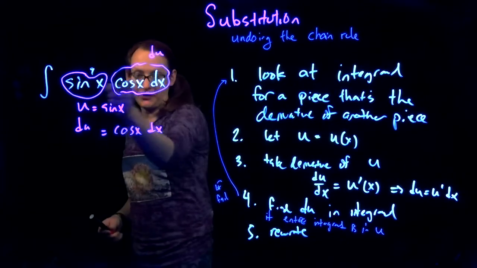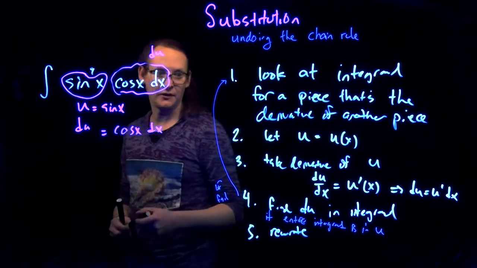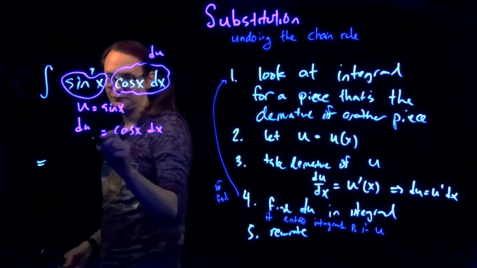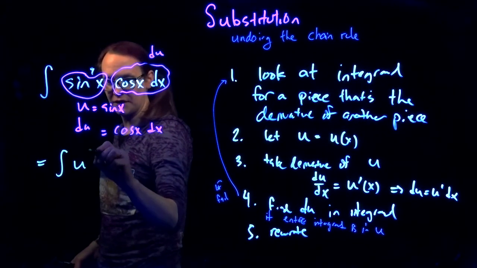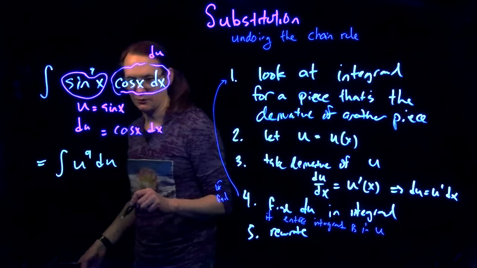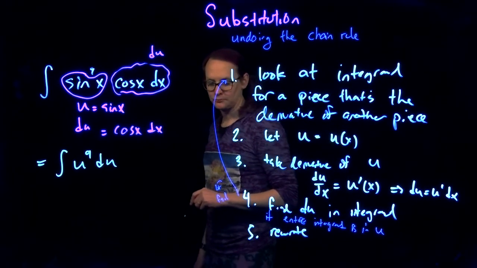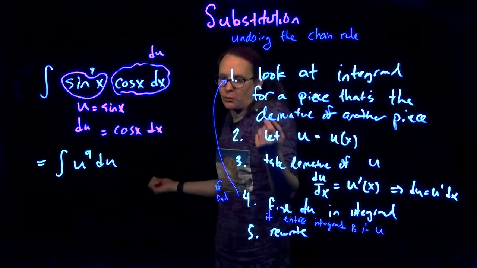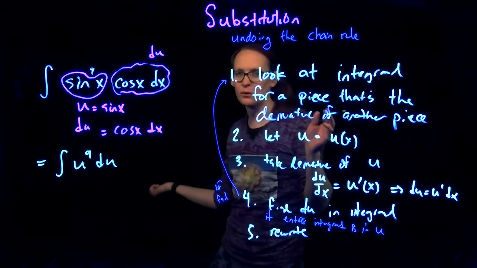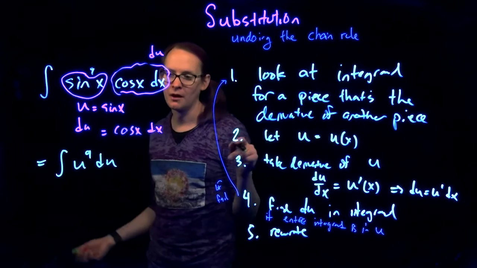So this thing right here is equal to the integral of u to the 9th du. Well, I know how to deal with that. That's just the power rule for integration, no problem.